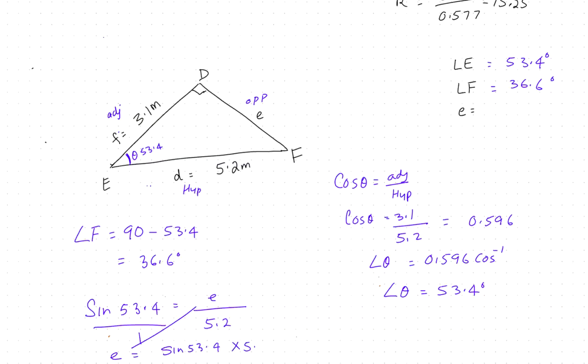That comes to sine 53.4, which is 0.80, times 5.2.